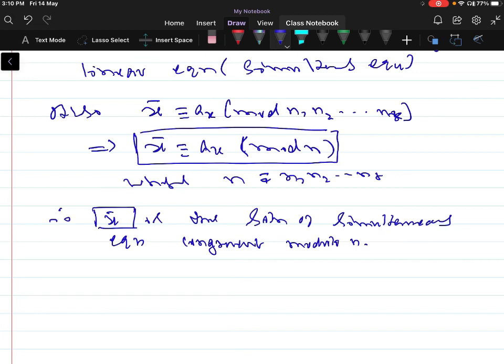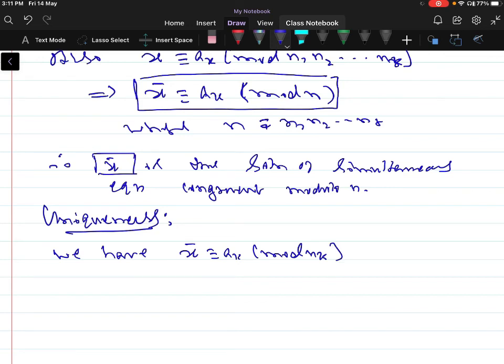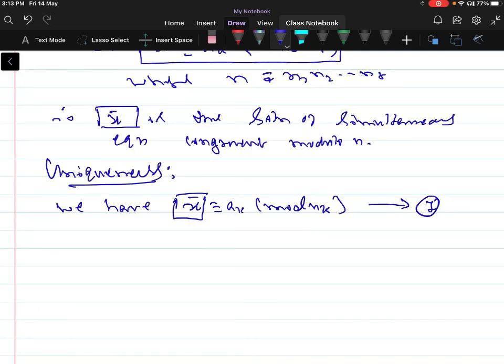Now let us move to uniqueness. We have x bar is congruent to ak modulo nk. Let us call this equation 7, where x bar is the solution of the simultaneous linear congruence modulo n.